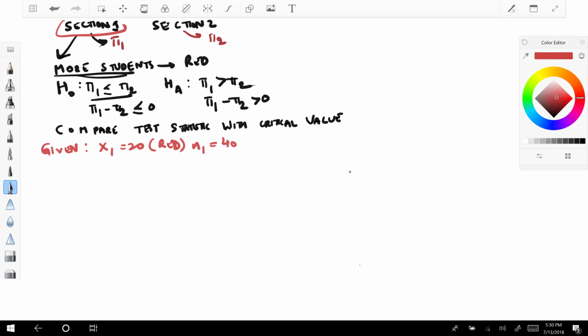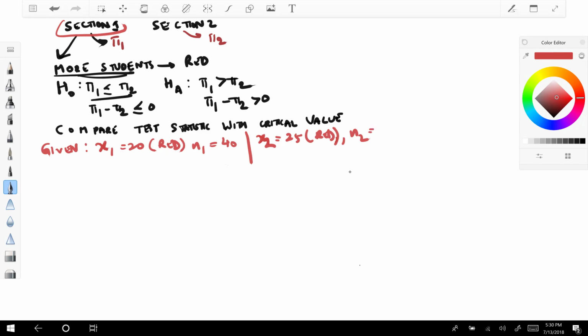So again we will take another sample from section 2. So x2 is 25 students like color red, and this is n2.